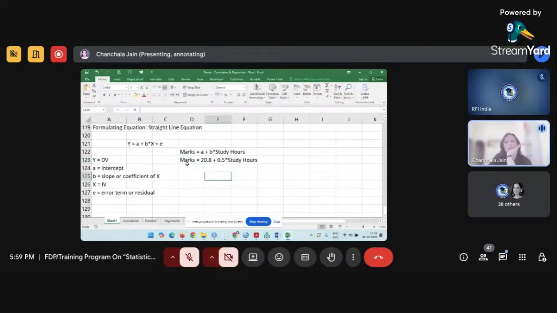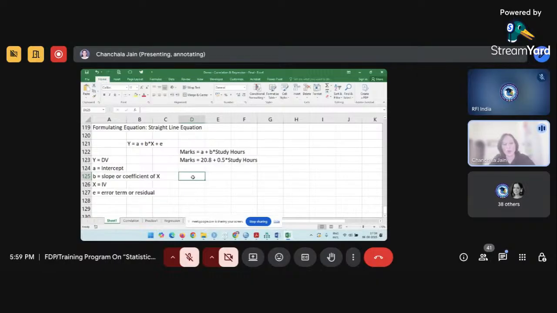Suppose this is the equation we got using regression, with the values of A and B or alpha and beta. For prediction, you can keep any value of study hours of a student, suppose 8 hours, 7 hours, whatever it is, and solve it, and you can predict the marks. So that will be the predicted marks for you, right?